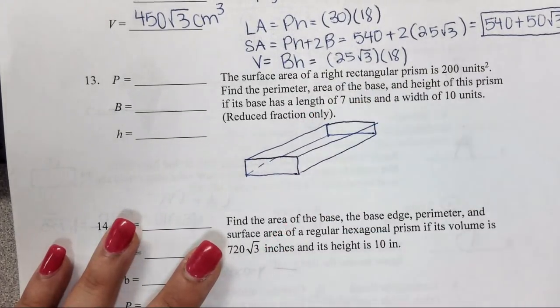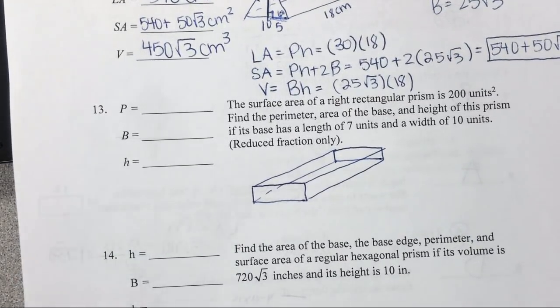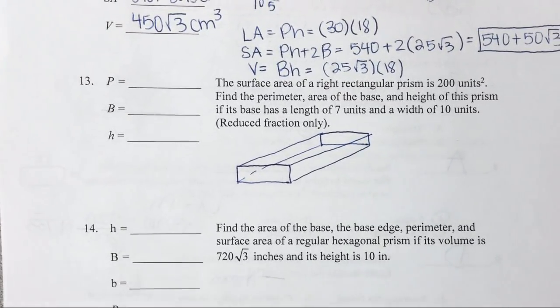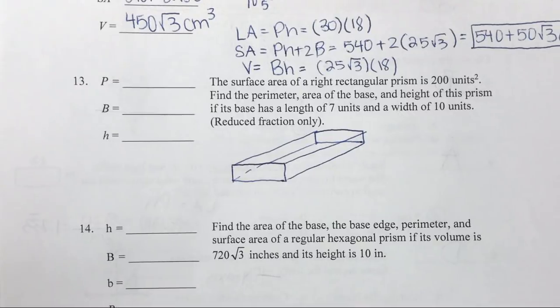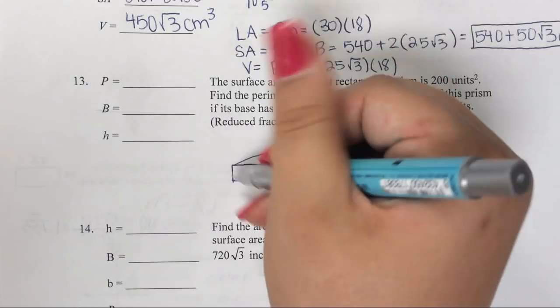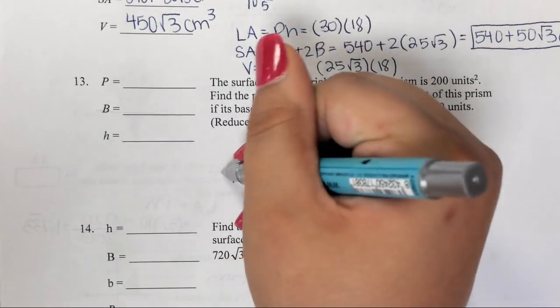It's pretty good. Getting good here, guys. Okay, it already tells me the surface area of the prism is 200 units. I want to know the perimeter, the area of the base, the height of the prism, if the base has a length of 7 and a width of 10.